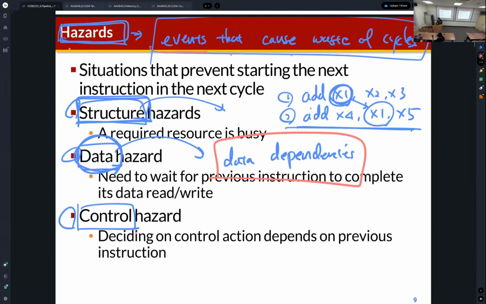And then control hazard. If we see the control hazard, we can know that this control hazard is caused by control instructions like BEQ, branch instructions, and jump instructions. Why? When these instructions are executed, the program counter is changing.